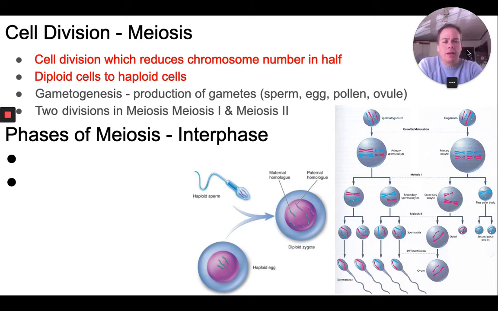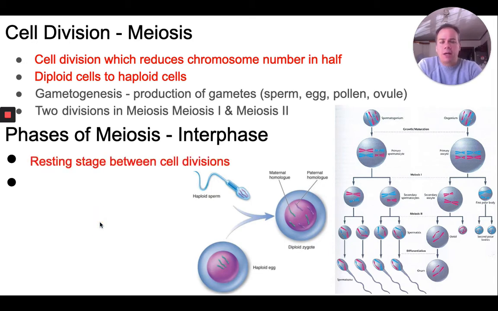So in producing egg cells, the cell splits twice going through each of those phases. In interphase, as we remember from mitosis, this is the resting stage when the cell's not actively dividing, and this is when the chromosomes and the genetic material replicate. So that's the same.